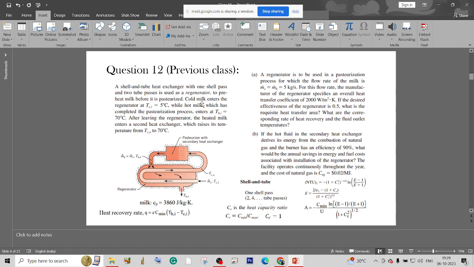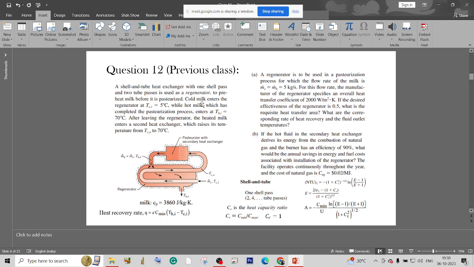And m_C dot is given, m_H dot is also given, both of them are 5 kg per second. And the overall heat transfer coefficient is given as 2000 watt per meter square Kelvin. And effectiveness is also given as 0.50.